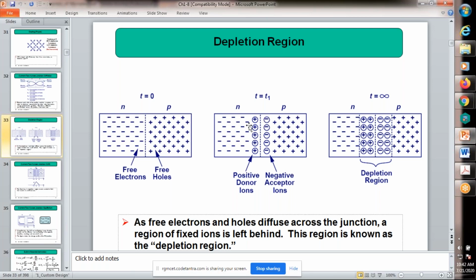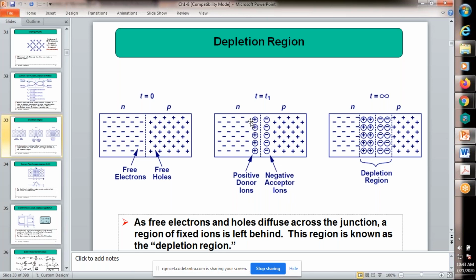So near the junction, positive donor ions are created on the left side, whereas on the right side negative acceptor ions are created. In some textbooks P is the left side and N is the right side. Anyhow, in the N side positive donor ions are created, and in the P side negative acceptor ions are created.